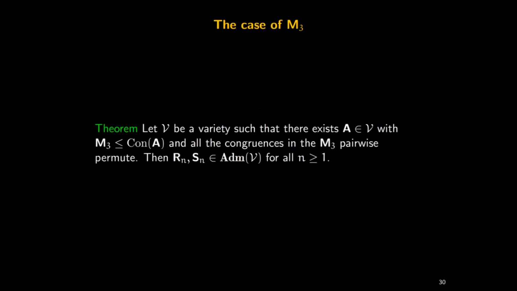But we could also prove something more: in general, given a variety, if you have an M3 in your congruence variety with pairwise permuting congruences, then you also include two chains of lattices, Rn and Sn.